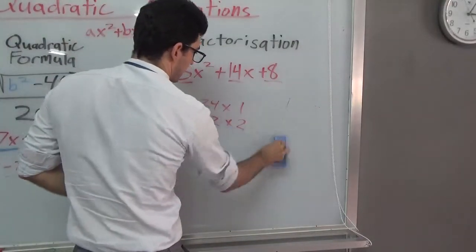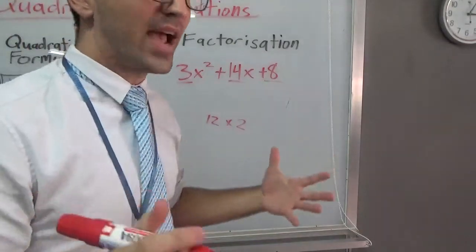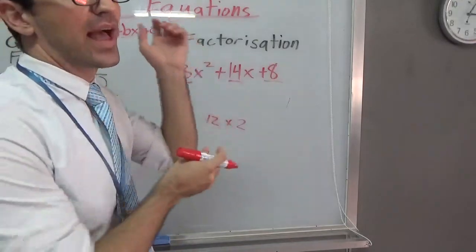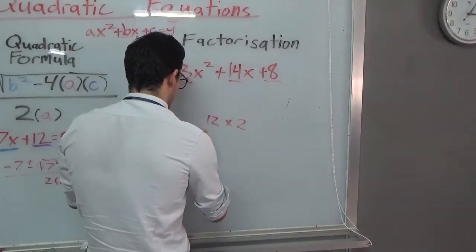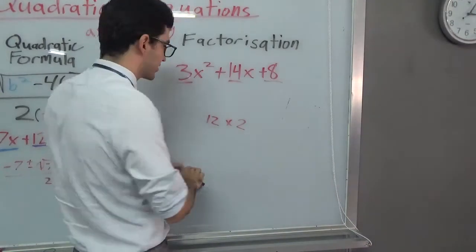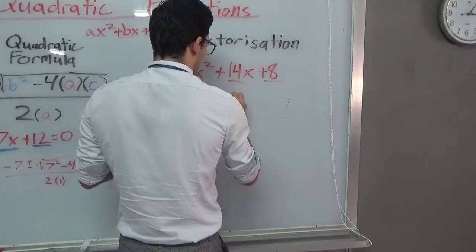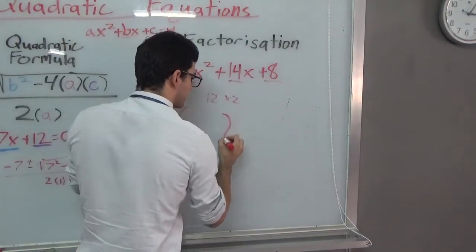So we know that once we factor it, there will be a 12 and a 2 that will add together to be the 14. And that gives us our hint that when we try to factor, we're trying to make our 12 and 2. So what that means is I'm going to create 2 brackets.